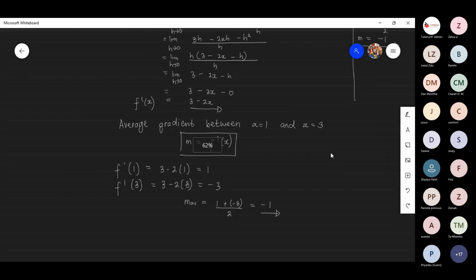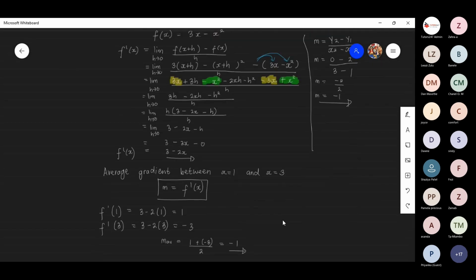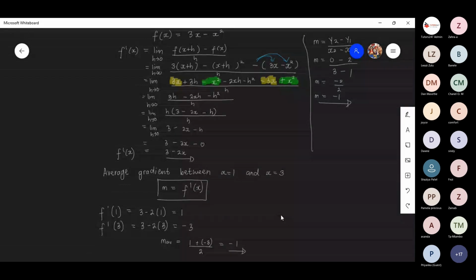So as you can see, irrespective of which method you use, you end up with the same answer. Whether you use your normal gradient formula that you are used to, or you use the derivative method of finding gradient, you end up at the same answer. The only important thing to take note of is that we can only use our normal gradient formula when we have 2 coordinates on that particular line or that particular curve.